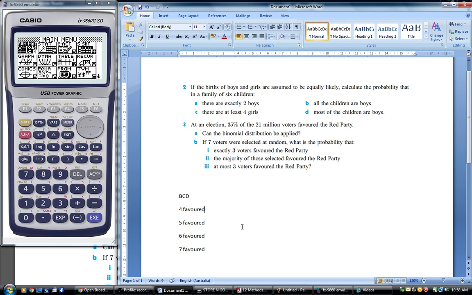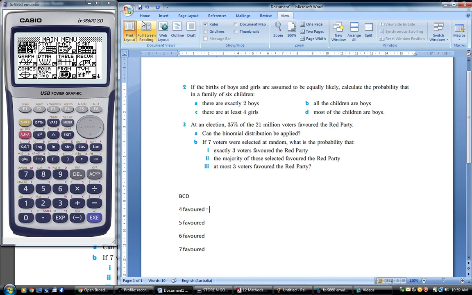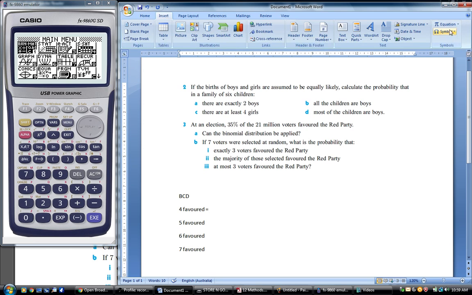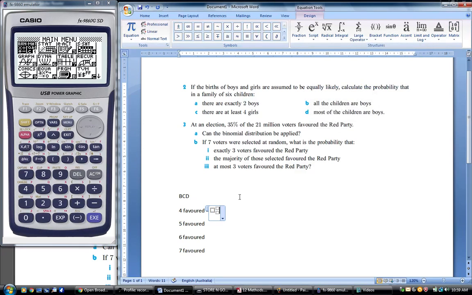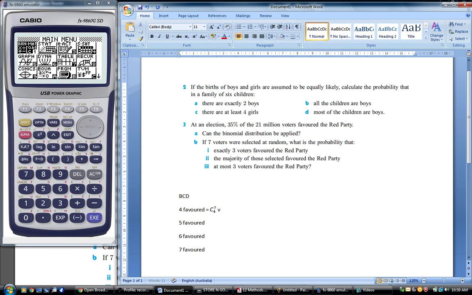Once again, you could calculate all these combinations individually, and I'll show you very briefly how we would do that, just so you understand it. So the combination, out of 7 trials, 4 successes, the probability of a success is 0.35, to the power of the number of successes, and times the probability of failure to the power of the number of failures, which would be 3.